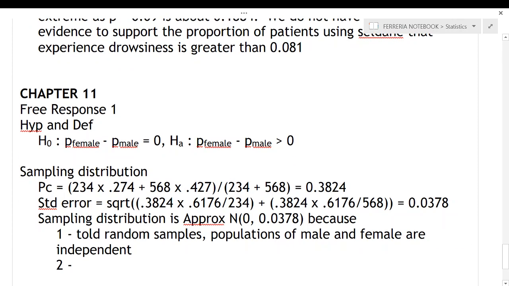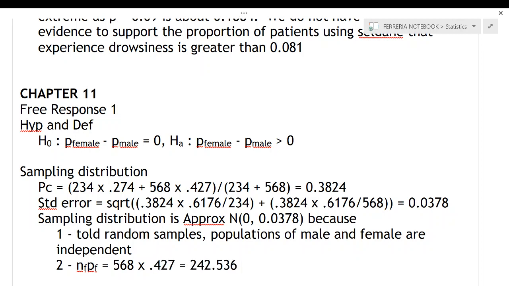Two. Oh gosh, here comes all the np's and all that, right? Okay, what is this, nF pF? That's equal to 568 multiplied by 0.427.